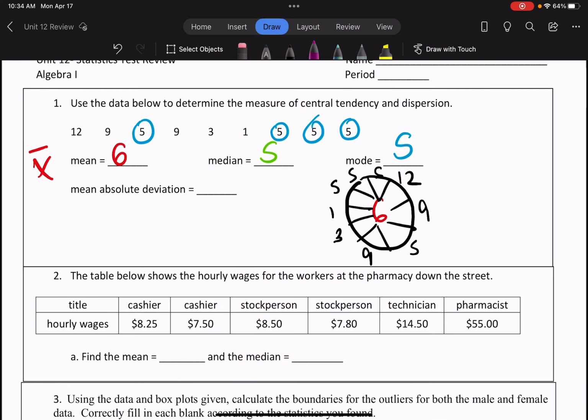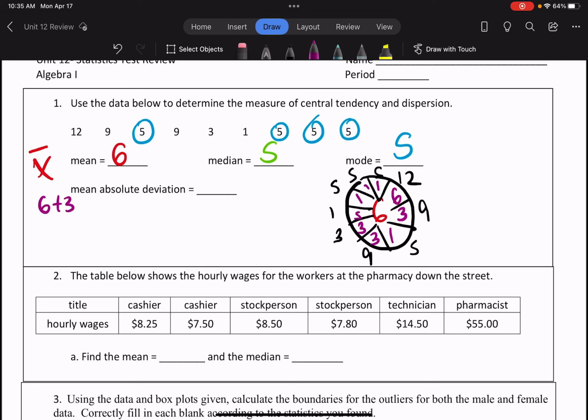So 6 to 5 is 1, 6 to 5 is 1 again, 6 to 1 is 5, 6 to 3 is 3, 6 to 9 is 3, 6 to 5 is 1, 6 to 9 is 3, and 6 to 12 is 6. From here, I'm going to add up all those distances.